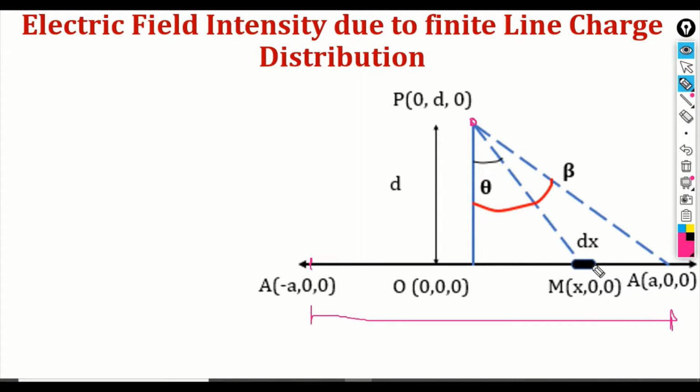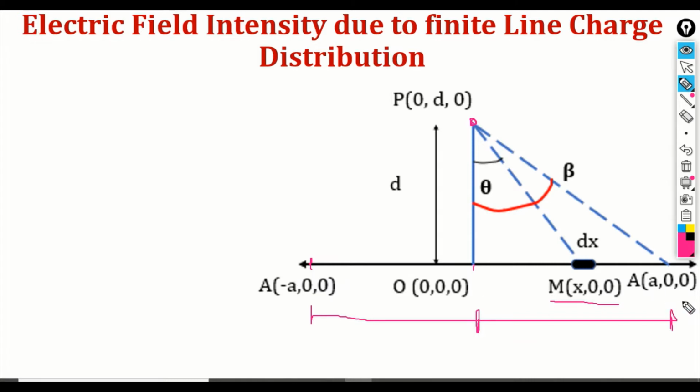Now let us consider a small element of length dx which is located at the point (x, 0, 0). Now this line charge distribution, if you are observing, is uniformly distributed around the origin. So if this is my central point, the length on the left hand side is minus a, and on the right hand side it is a.